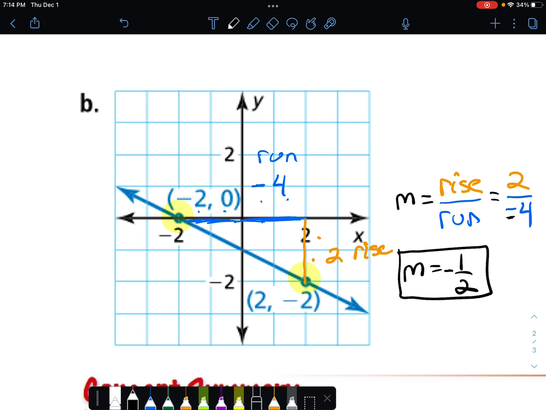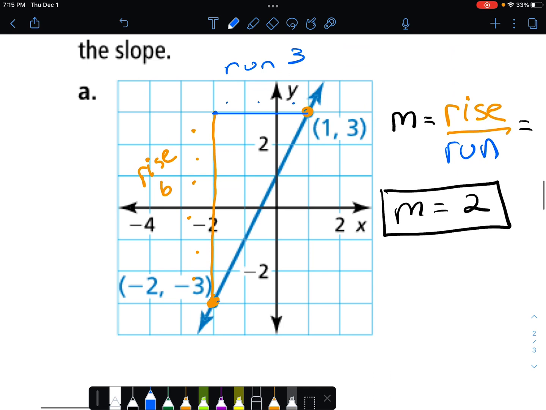Now notice that when it's a negative slope, the direction of the line, if you're going from left to right, is decreasing, it's going down. That negative helps us see that. That's why the slope describing a line is so helpful. We can look at it and see how steep it is by the value, and we can see what direction the line is going by the sign.